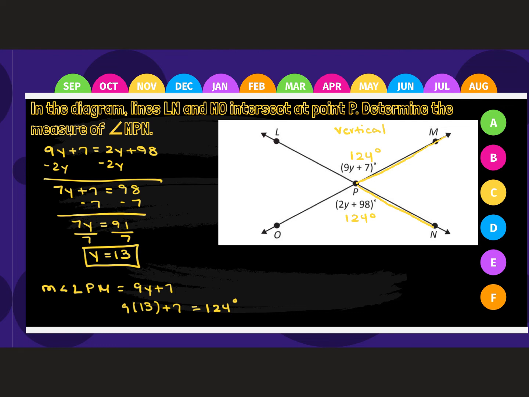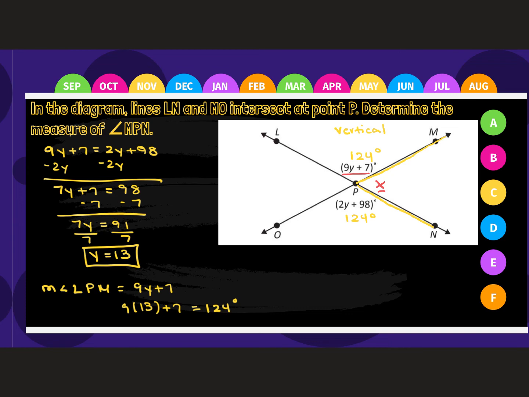So if we label this angle, let's say for right now, X, we want to determine what that angle is. If we look at the expression 9y plus 7 and X, we can see that that is a linear relationship, which means they're going to add up to 180 degrees. So in order to determine the measure of angle MPN, we have to take that measure and subtract it from 180.